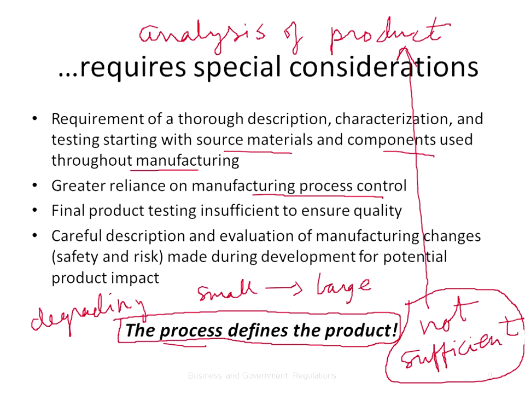Every step you need to specify what the limits are, right, of acceptance limits, because final product testing is insufficient to ensure quality. Okay, so careful description and evaluation of manufacturing changes made during development for potential product impact. I just gave you an example of that, right? So it's really, really important to know that the process defines the product and not just the product testing.